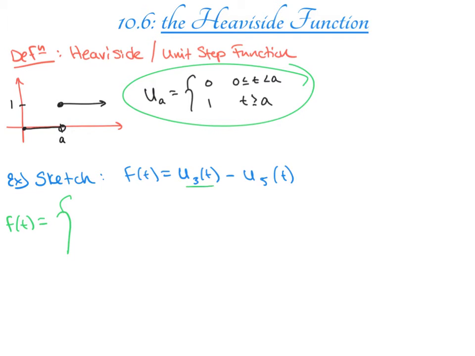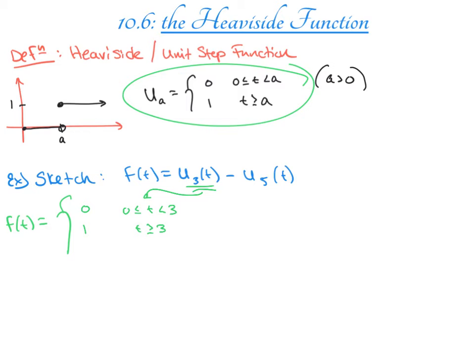So u sub 3 means that the graph is equal to 0 for t between 0 and 3, and then it's 1 for t greater than or equal to 3. That's from our first part.